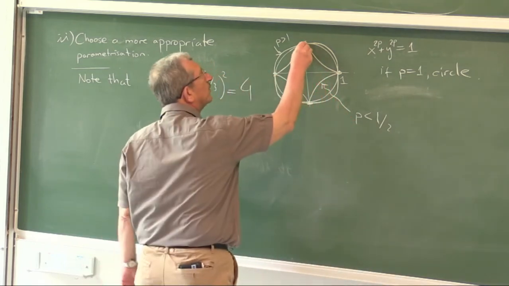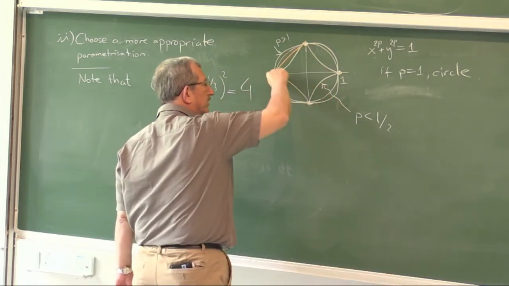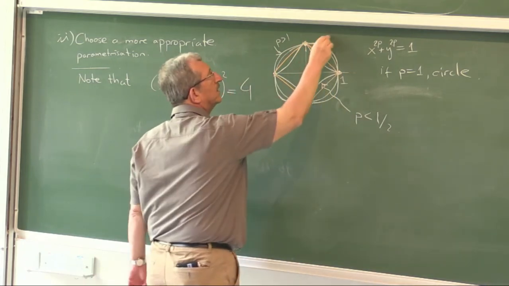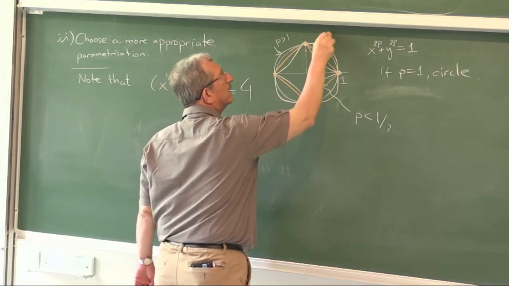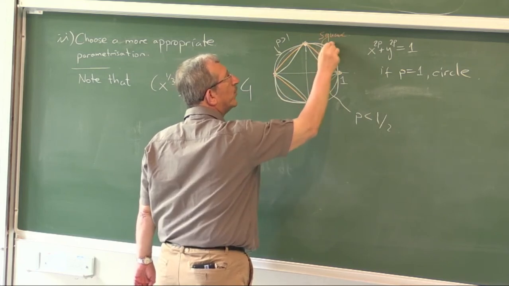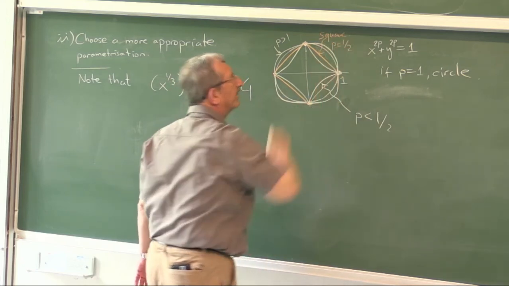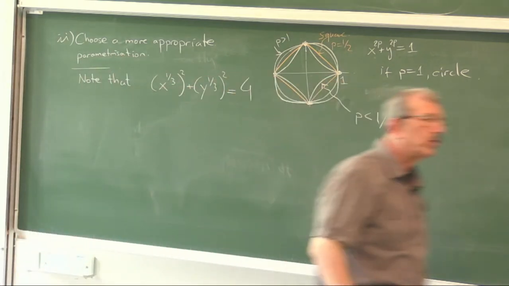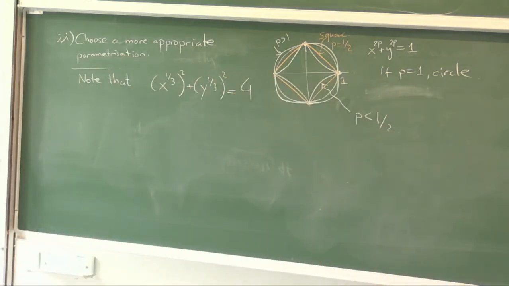This is just practical knowledge, so we will not be using it in detail. This square is when p is 1/2. So all of them look like a circle, but they are not circles all the time.